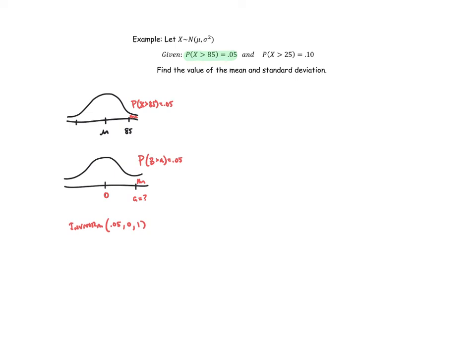Okay. Now, however, I got this totally flipped. What I want to do here is actually, I goofed this up. This should be 0.95, because this would find the complement here. It would find this area.